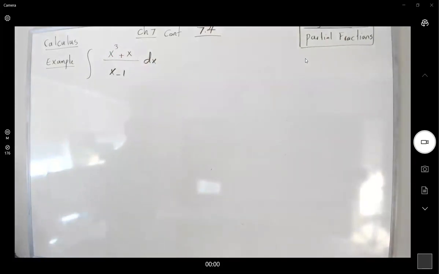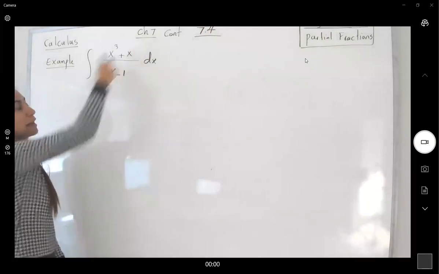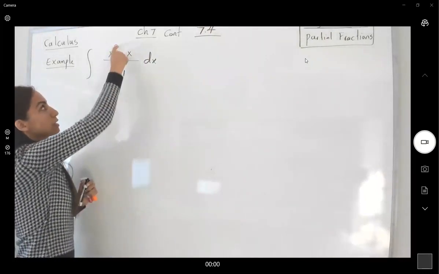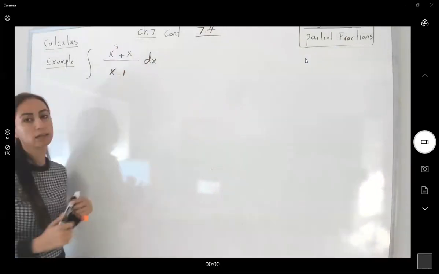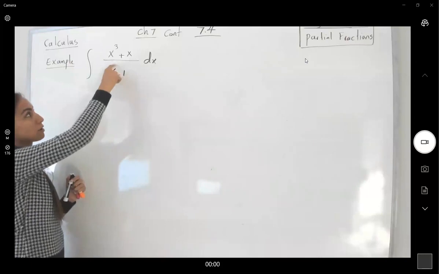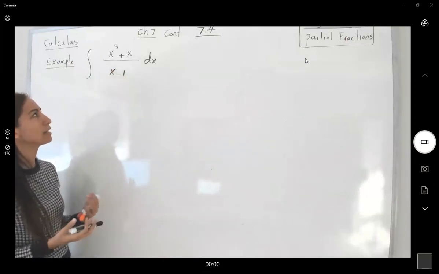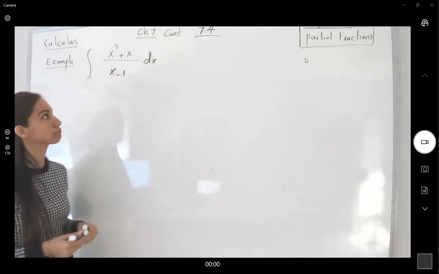Well, one way is saying that we have an expression in the numerator and the exponent is 3. The exponent is larger than the power or exponent of the denominator. So here we can use long division.